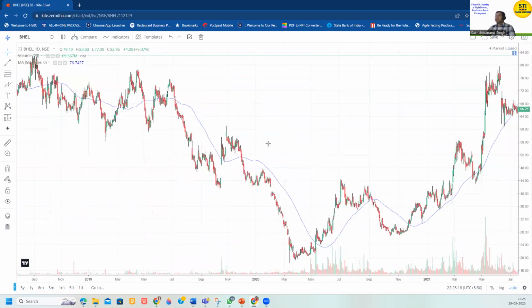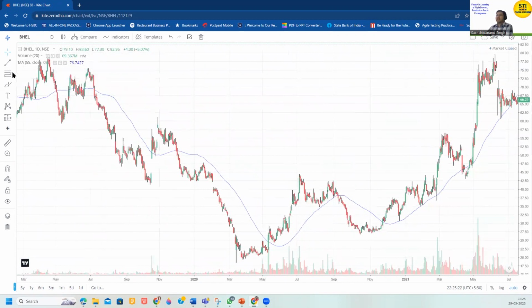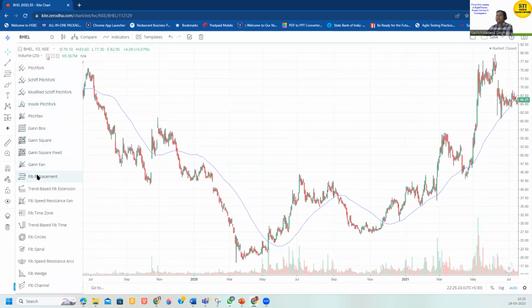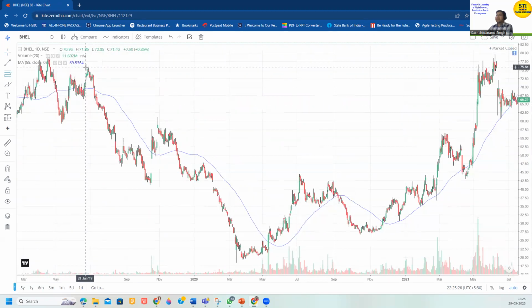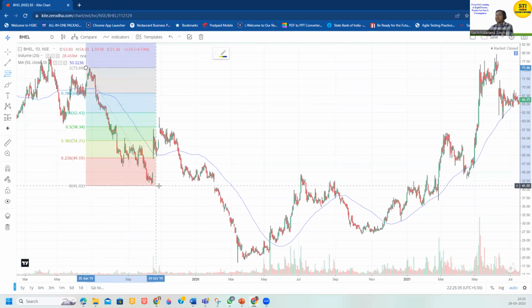Okay. So let's suppose from here the market is falling. So again, I will choose the Fib retracement tool from here. Because it is a falling market, I will choose the first point from where it has started falling, and the second click I will do from here, where it does the reversal.